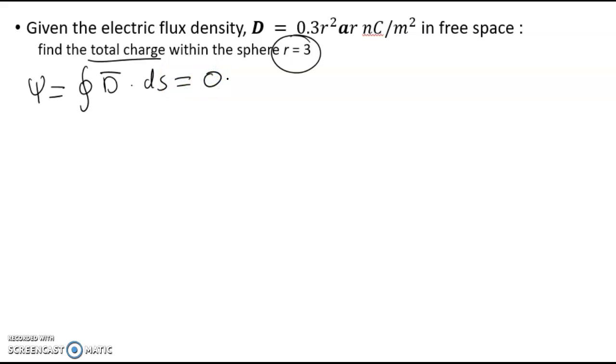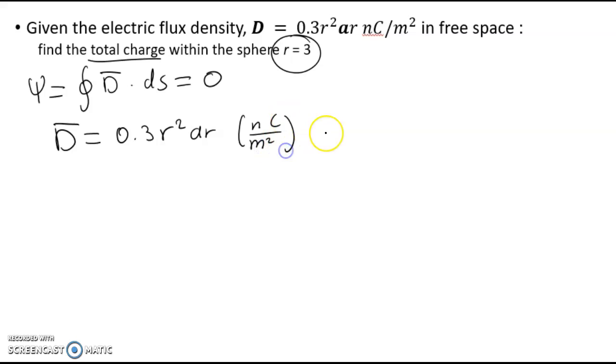We already know what these elements are. We know that the flux density D is given as 0.3 r squared in the a_r direction, in nanocoulombs per square meter.